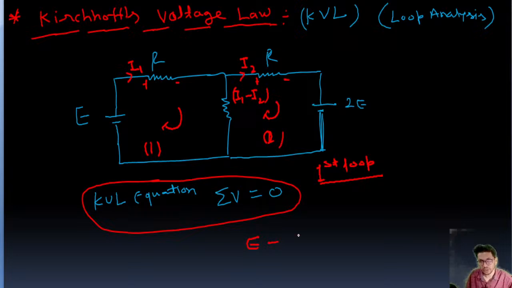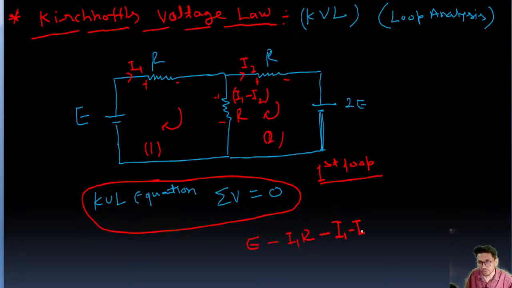So E minus I1 R, and then this one is I1 minus I2, plus to minus, so minus, and this is R, so R into I1 minus I2.